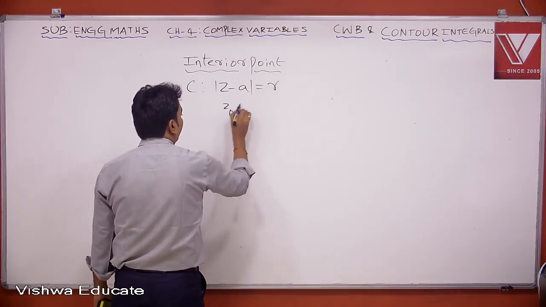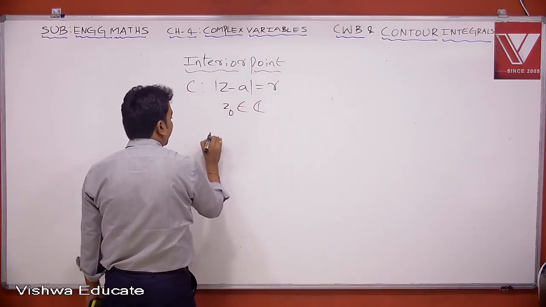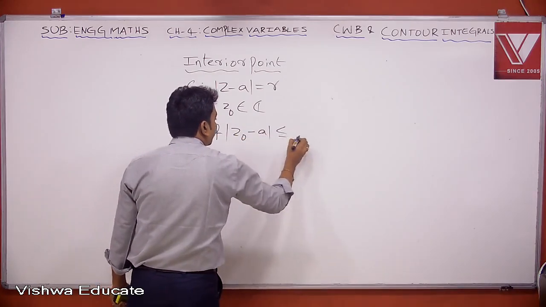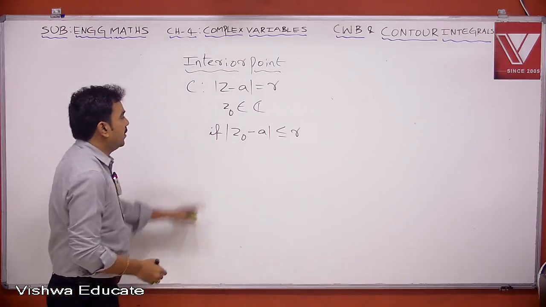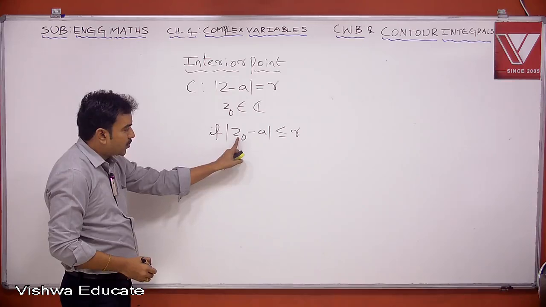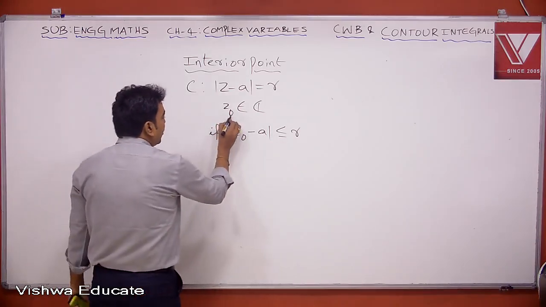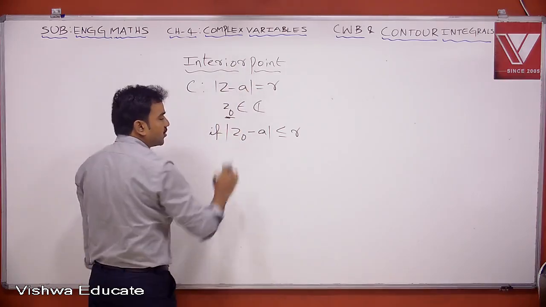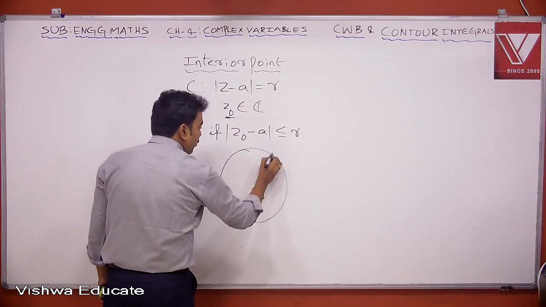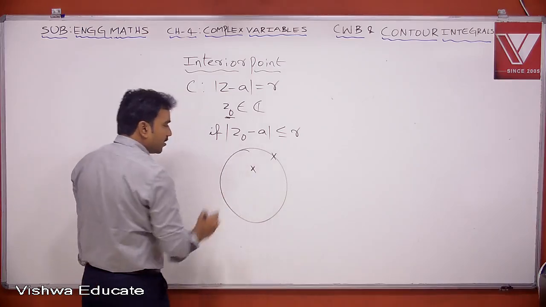Z naught is some complex number. We say that this z naught is an interior point of this circle if modulus of z naught minus a is less than or equal to r. So replace z by z naught and simplify this expression, modulus of z naught minus a. If it is less than or equal to r, then this z naught will be called an interior point of this circle. Suppose z naught can be inside the circle, or z naught can be on the circle.